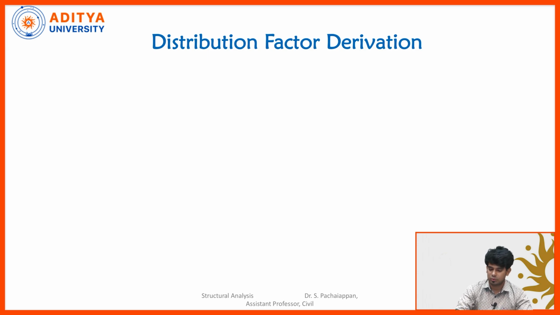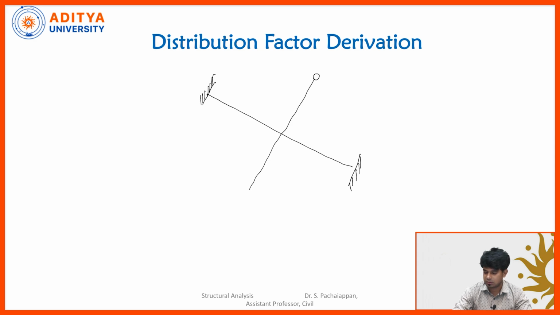I'm going to take a fixed beam, which is hinged with another beam. So two beams are crisscross in nature, and in between, the hinged support is there.